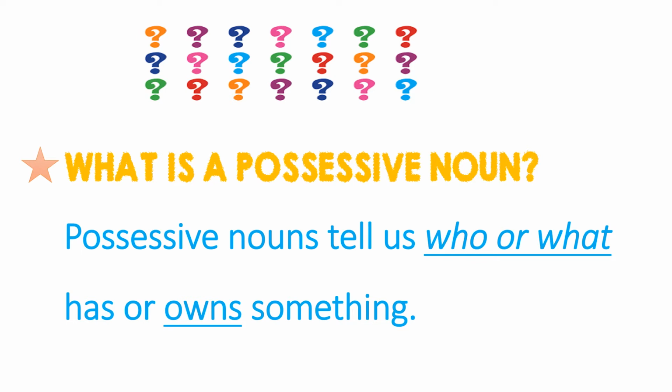Let me explain. Possessive nouns tell us who or what has or owns something. Again, possessive nouns tell us who or what has or owns something.